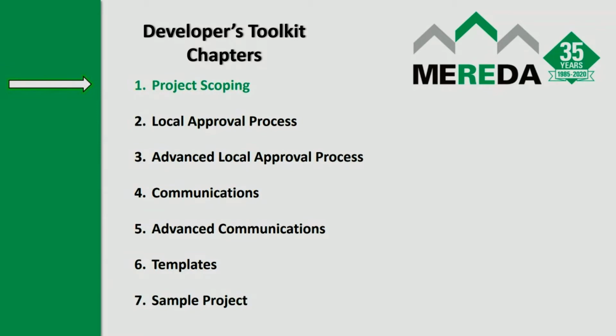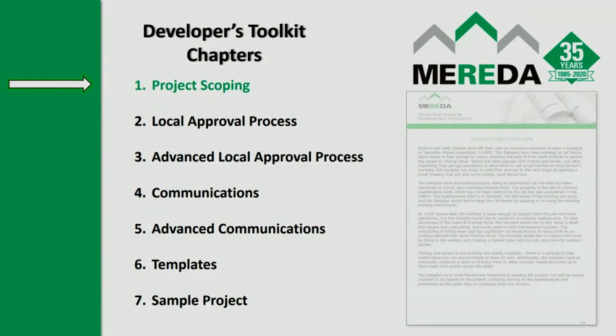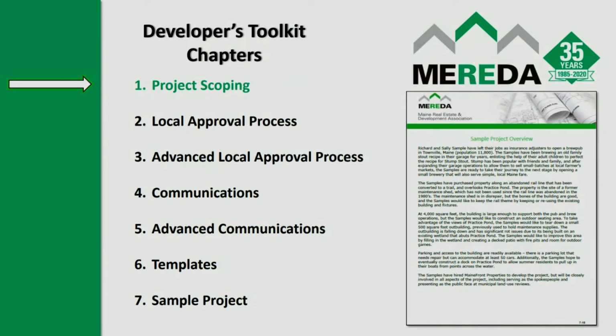The sample project that we are using today is a small project that we fictionalized in a town called Practice Pond, and it's a small brewery that a couple would like to build on some land. And you can see here, this is sort of the overview of the sample, so that as you're going through the toolkit, you have sort of a project in mind, even if you don't have a project that you know you're going to work on yet. So let's start with chapter 1, which is project scoping.